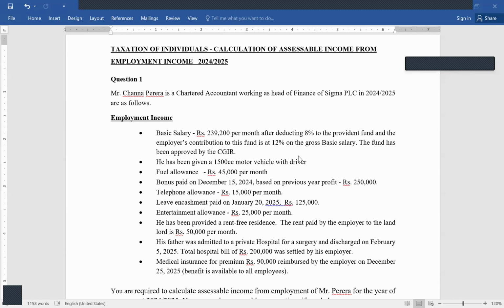But fuel allowance is in cash. So if we are receiving some amount in cash, fuel allowance, vehicle allowance, like that, the total amount should be considered. So here we have that person, Mr. Channa Perera, who received fuel allowance. So at that time, we have to consider the amount we received, 45,000 per month.